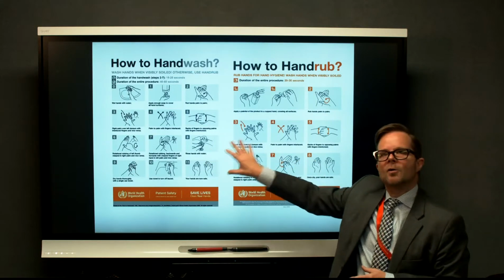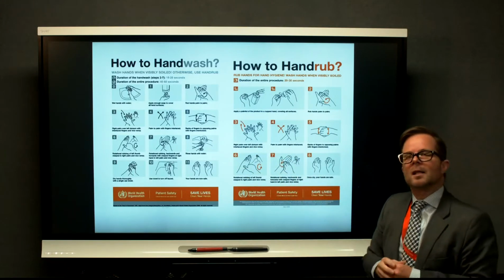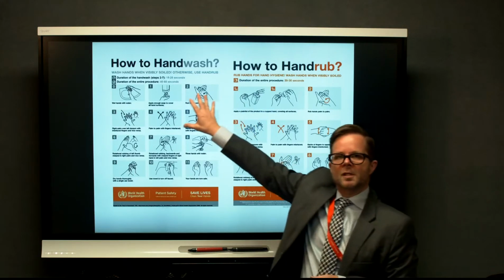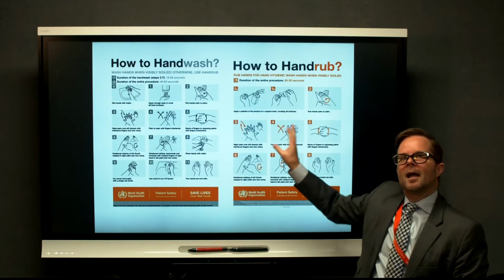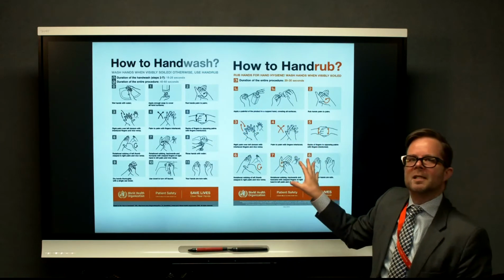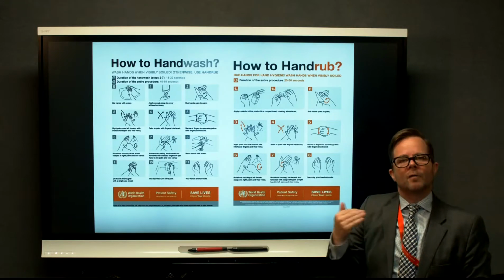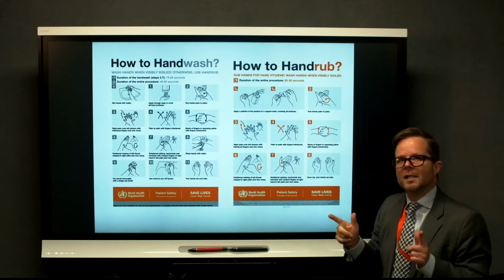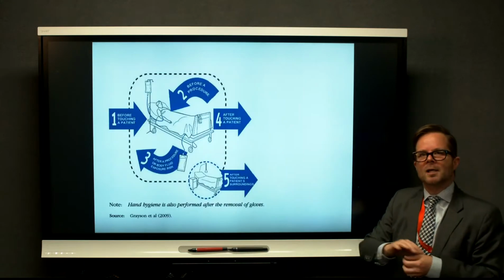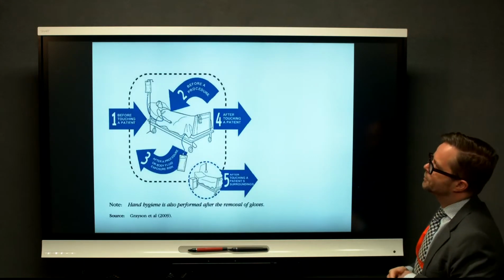But you need to know both of these things because in the clinical setting you will be using soap and water hand washing, and between soap and water hand washings you'll be decontaminating your hands frequently with a hand rub. Alright, so you need to know these things, so memorize and practice these steps.